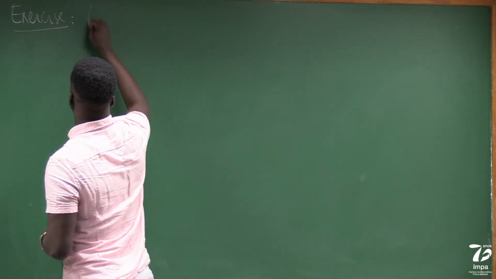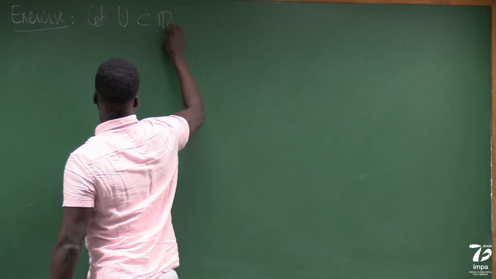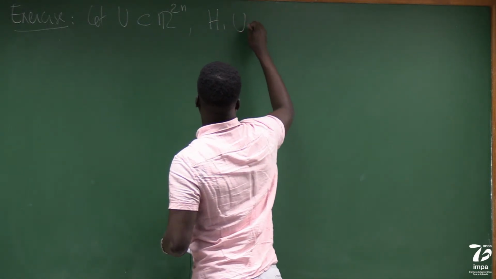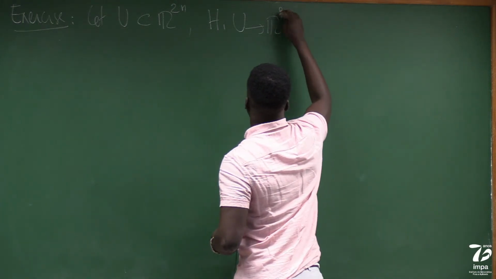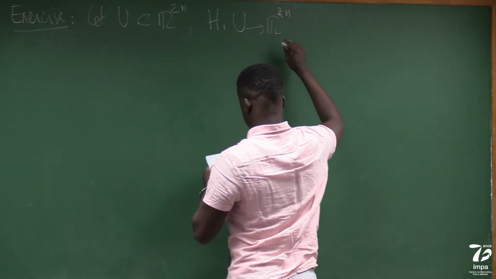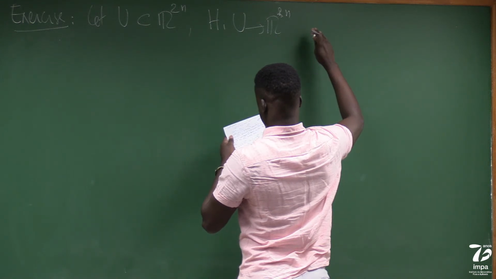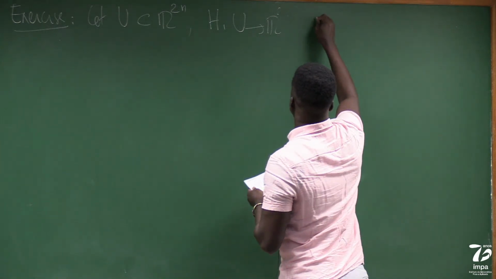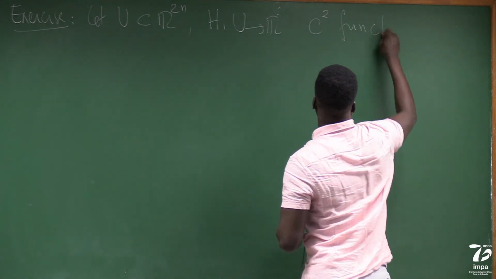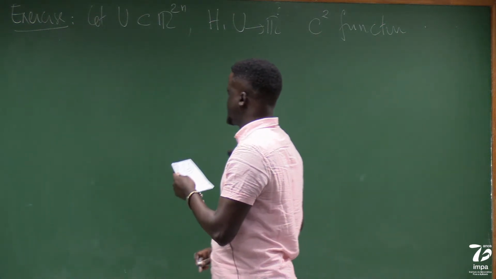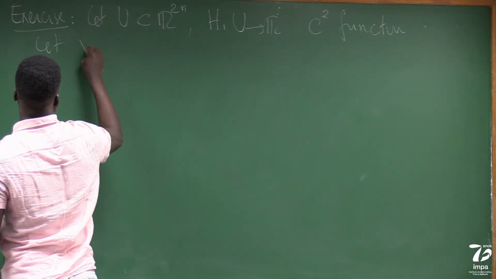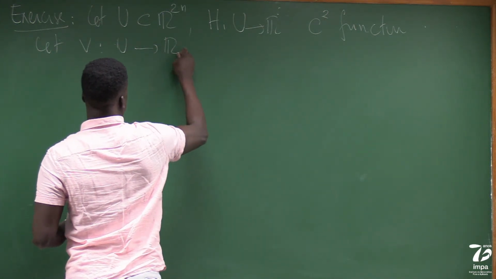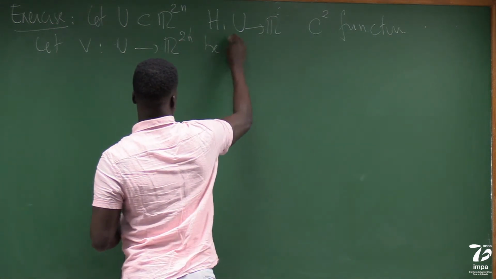Exercise: let U be a subset of R2n and H from U to R be a C2 function. Let V from U to R2n be the vector field.